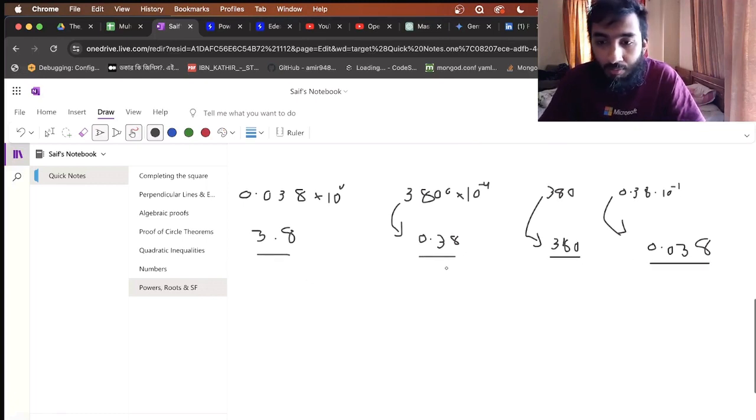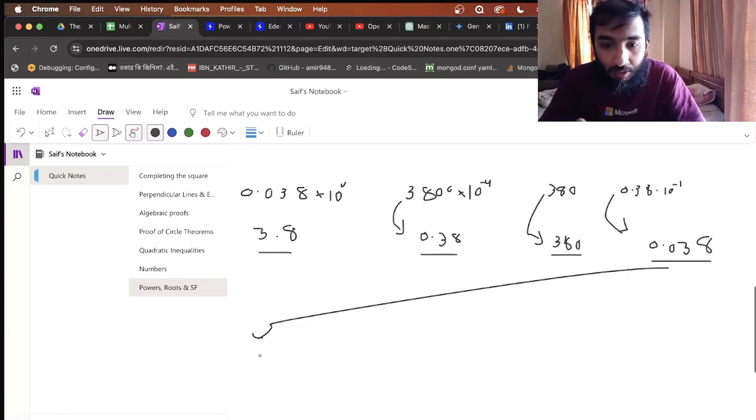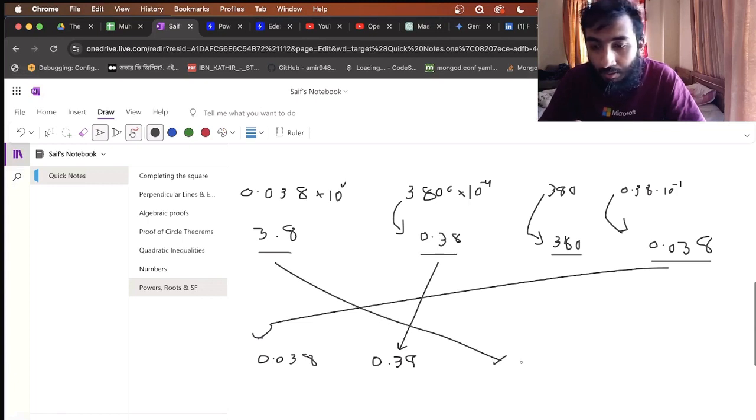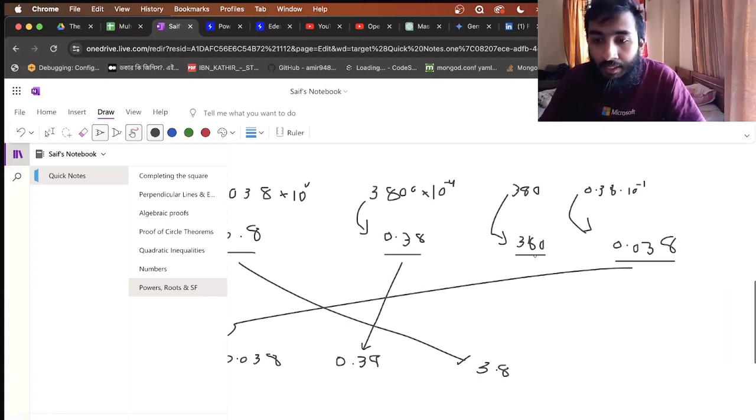So what is the smallest of the 4 numbers? Of course 0.038. So this will go first. We'll start with 0.038, the smallest number, and then we'll have 0.38, the second smallest number, and then 3.8, the second largest number, and then the largest number is 380.